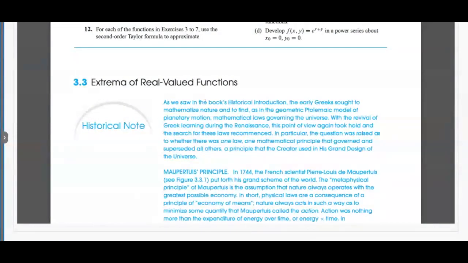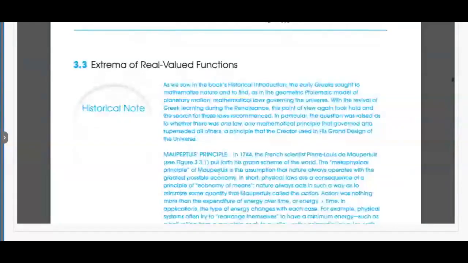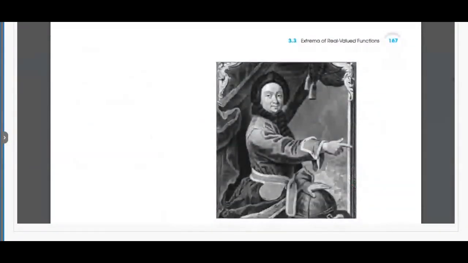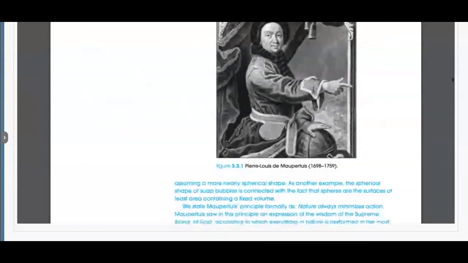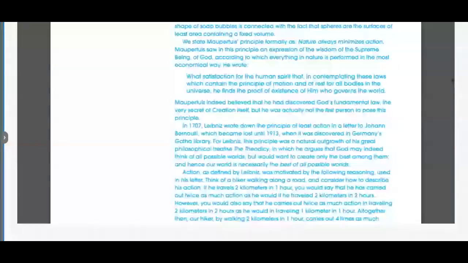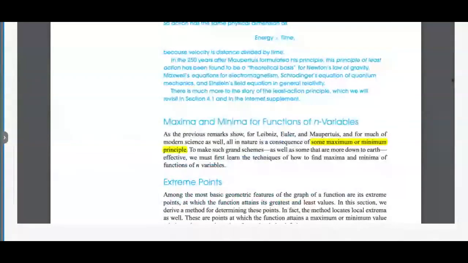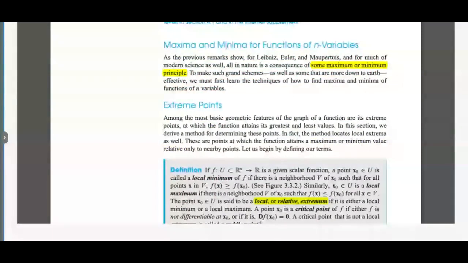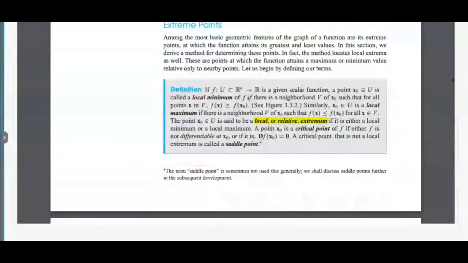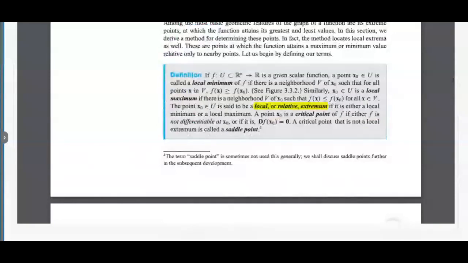Okay, extrema of real value functions. Real value function means the codomain is one space. It's just a real number when we evaluate at a point. Maxima and minima of functions for n variables. Let's see the definition first. Yeah, homework 3, I'm going to postpone so you can study.